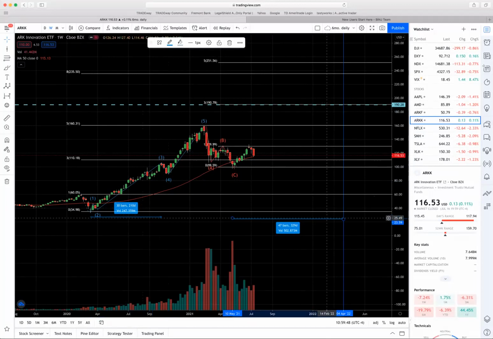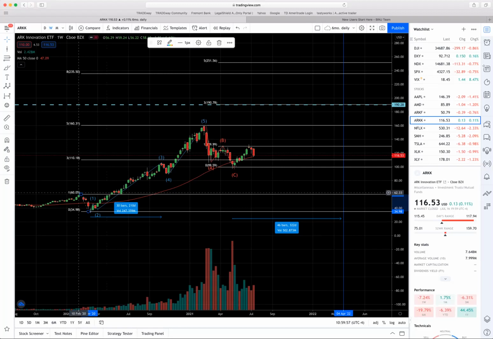So we can also say, well, line 3 of our new one. Let's get rid of this line here. So you follow me here. 2020, the last pullback, I threw on the Grand Fibonacci extensions. Line 3 is our peak of wave 3. Line 5 is our peak of wave 5.